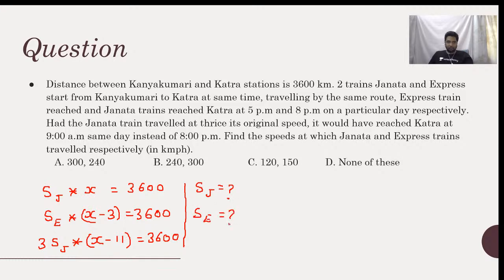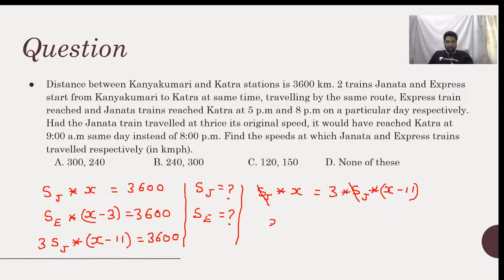Okay. Not a big thing. We can find out. Just take a look at this. Sj into x is equal to 3 into Sj into x minus 11. Right? So Sj gets cancelled out.